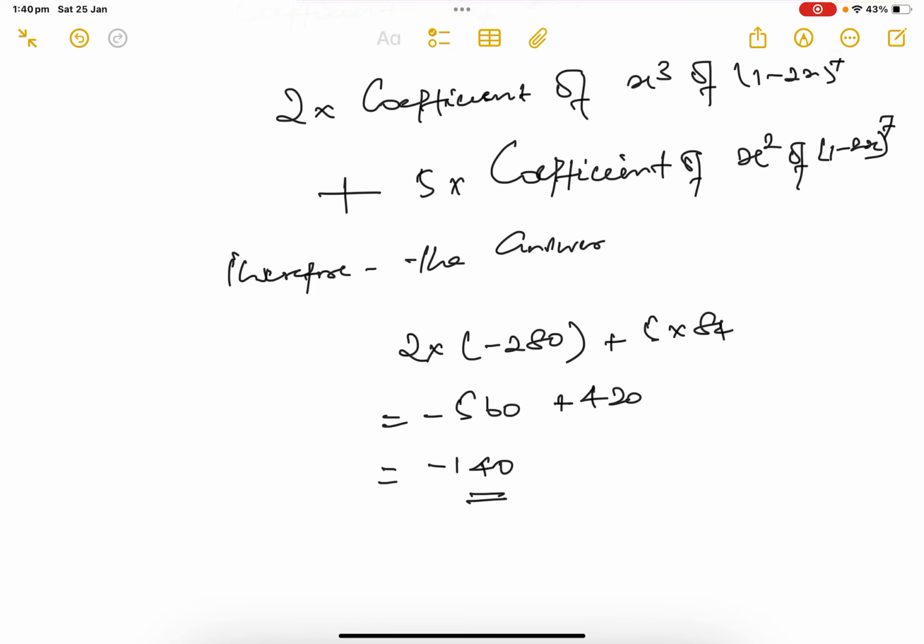Therefore, the answer is 2 times the coefficient of x cubed, which is minus 280, plus 5 times the coefficient of x squared, which is 84.